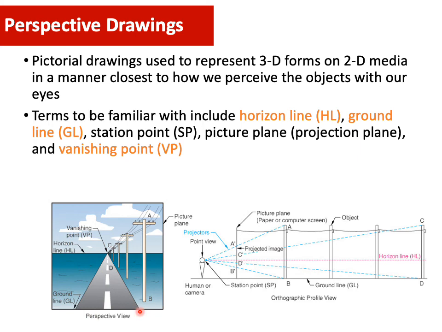So the perspective view is where you, as a human, are looking at this point of view, or you are in a camera. What is the projected image that you're going to see? The line of your eyes is going to be your horizontal line.